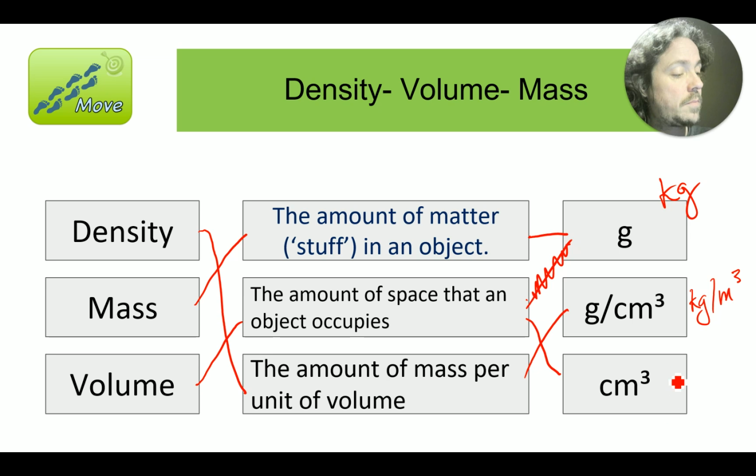This could be meters cubed. So depending on what you're measuring will determine the unit of measurement that you use. If you're measuring small things, you might be using grams and centimeters cubed. If you're measuring larger objects, you might be using kilograms and meters cubed.